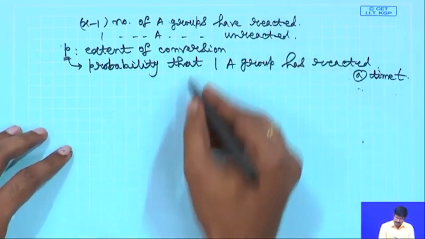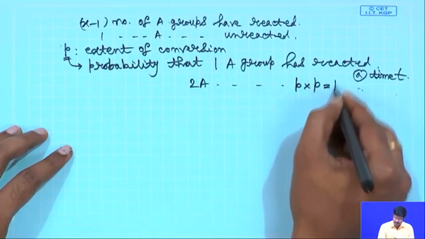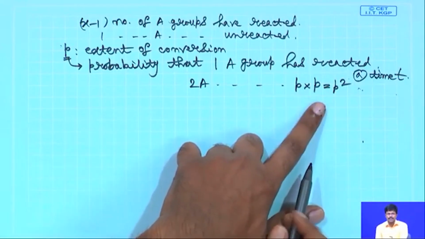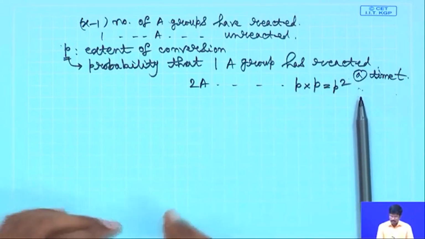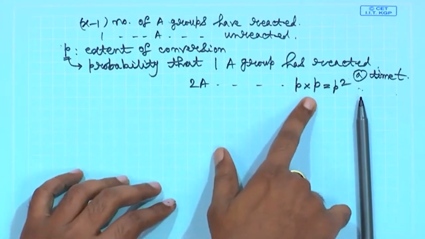So, what is the probability that 2 A groups have reacted at time t? That is P into P equals P square. Now, why is it P into P and not P plus P? This is P into P because these events are independent of each other. Why are these events independent?